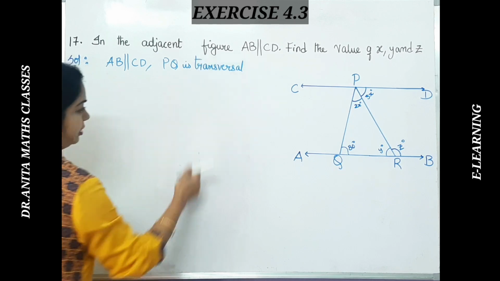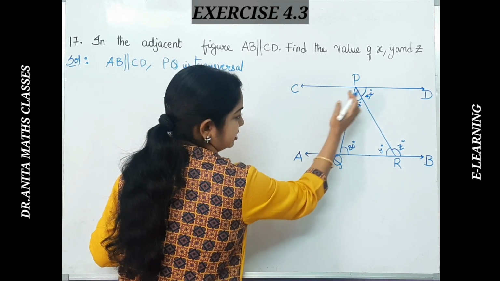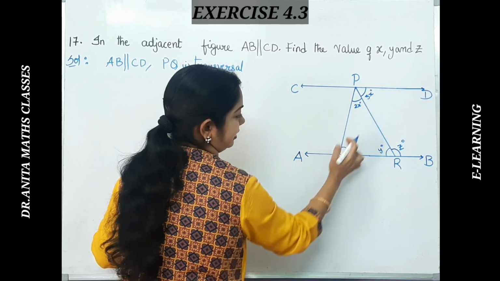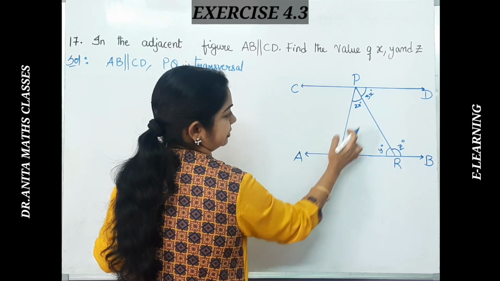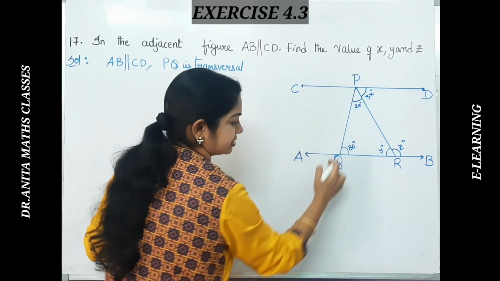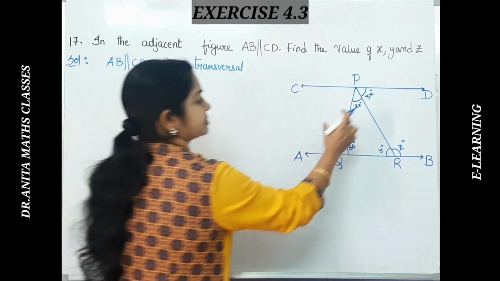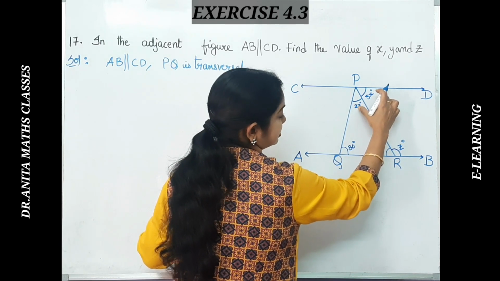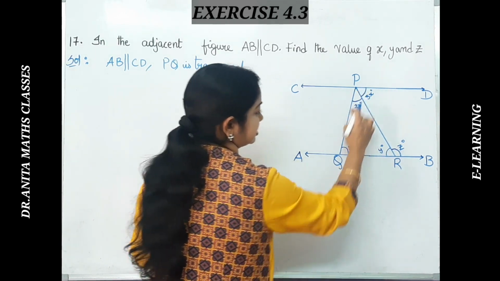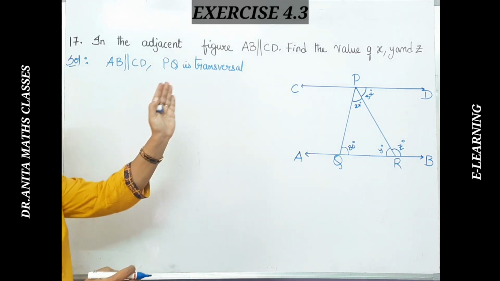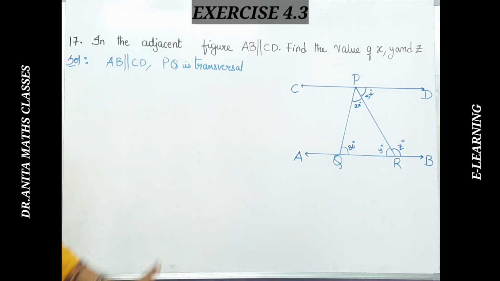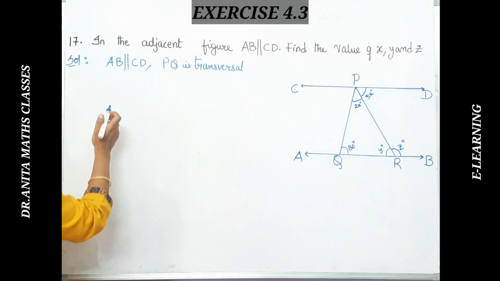This complete angle, that is 2x plus 3x, is 5x. 5x and 80 degrees form the interior angles on one side of the transversal, which are supplementary.